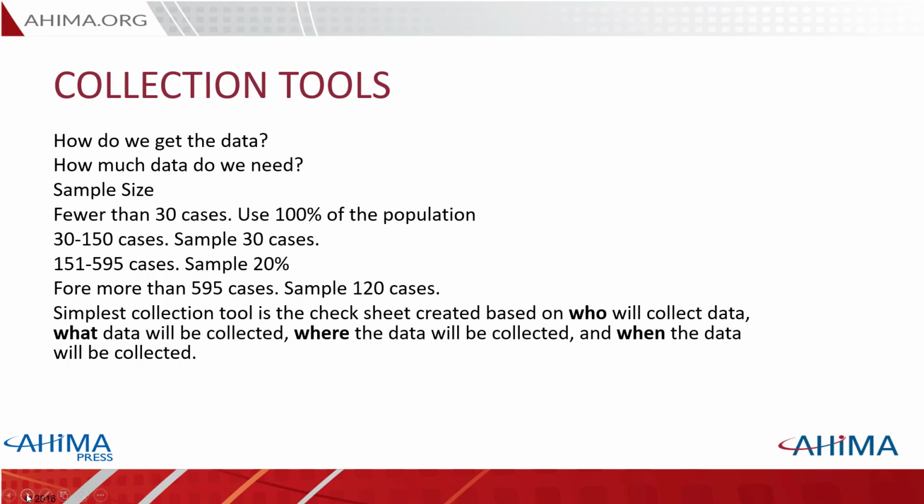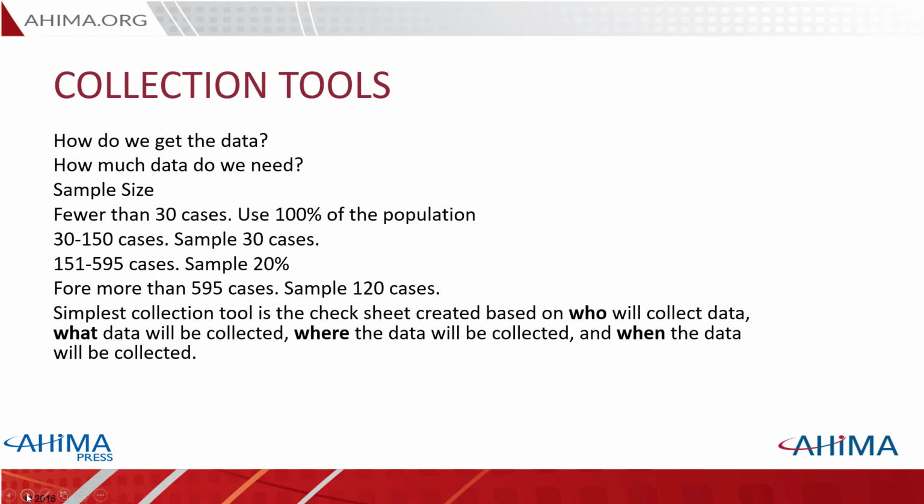If we have 151 to 595 cases, we want to figure what 20% is and sample that. And there's a typo there, for more than 595 cases, we're going to sample 120 cases. So no matter whether we have 10,000, we're still going to sample 120.